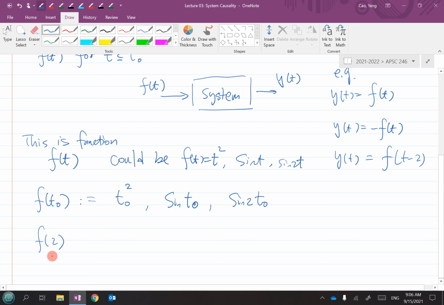This here means the value of the function at t equal to 2. Over here, it means the value of f at t equal to t naught. Let's be crystal clear with this. That kind of mistake should not happen.